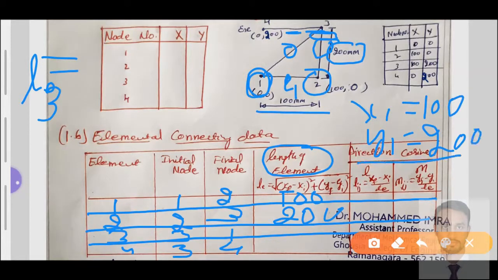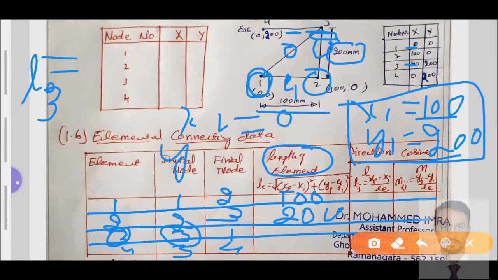Why? It is the initial value, because element number 3 starts from node number 3. It ends at node number 1, so X2 is 0, Y2 is 0, the final values. X final is 0, Y final is 0, and X initial is 100, Y initial is 200.